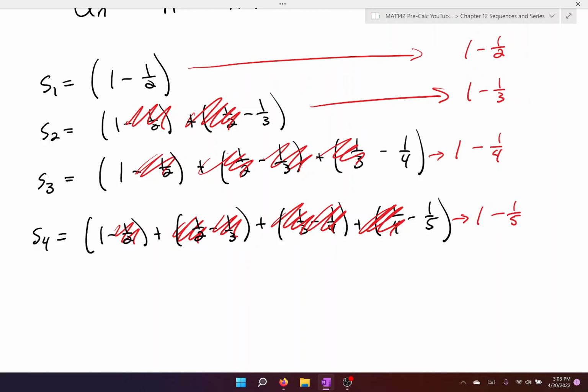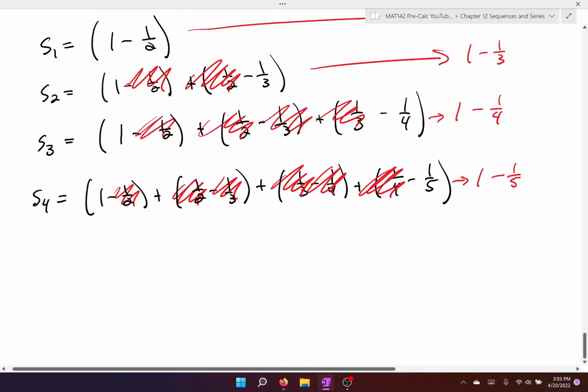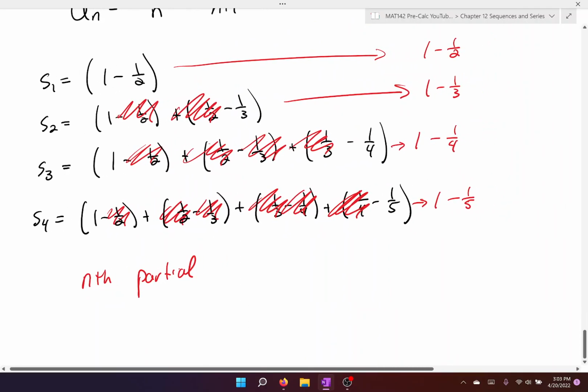This is what we mean by a telescoping sequence: if you were to expand or contract it, you only get the first term and the last term, and that's it. You get the first eyepiece and the last eyepiece. Everything in the middle collapses in on itself. So if we wanted to find the nth partial sum, all you have to do is look at the outputs for each partial sum.